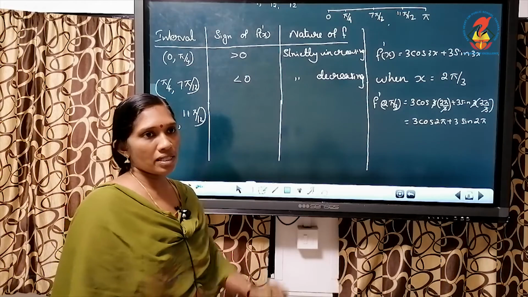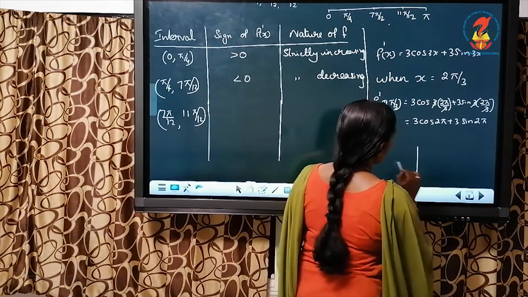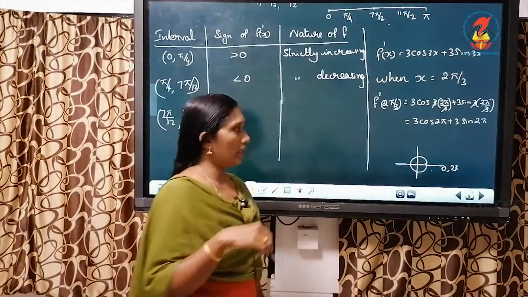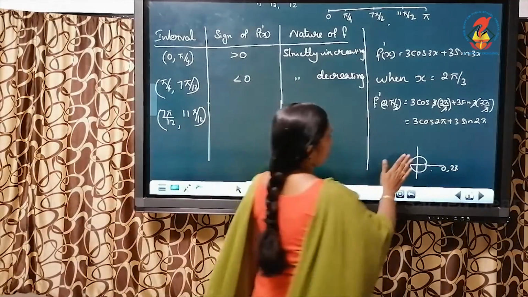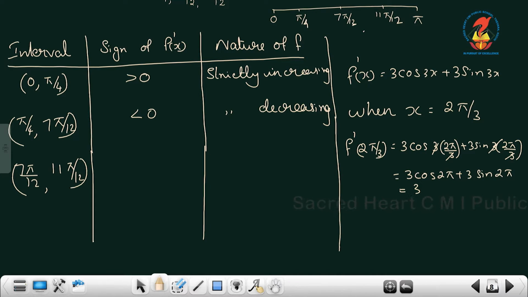Where is 2 pi's position? At 0, after one rotation, this is 2 pi. So cos 2 pi is 1, but sin 2 pi is 0. So this one is 3. So the third interval is greater than 0, strictly increasing.